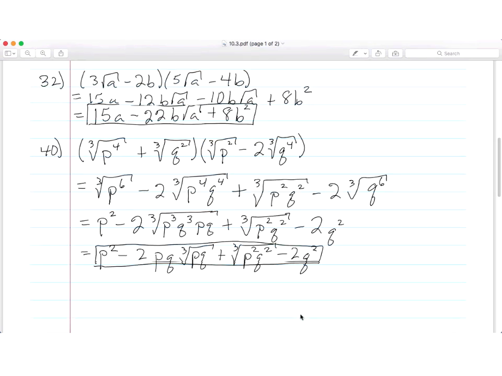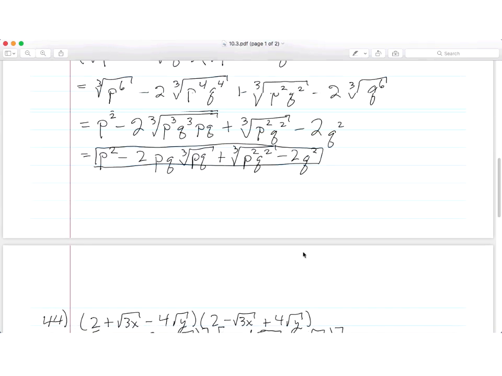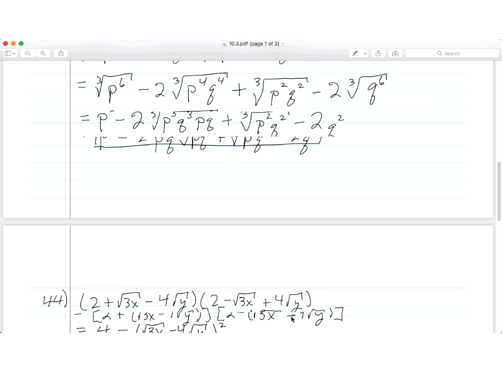Let me do problem number 44. Multiply the quantity 2 plus rad 3x minus 4 rad y times the quantity 2 minus rad 3x plus rad y. So let's multiply this.